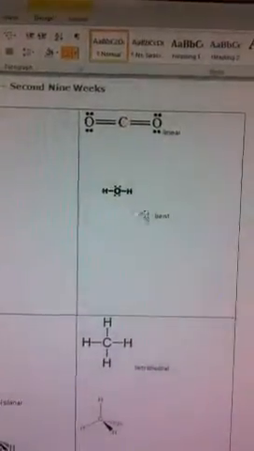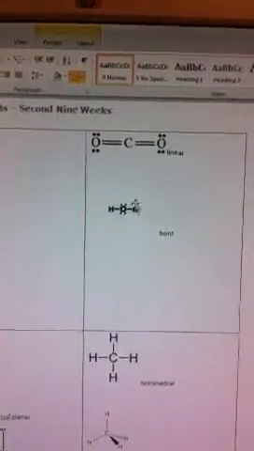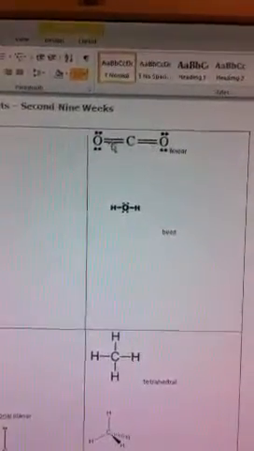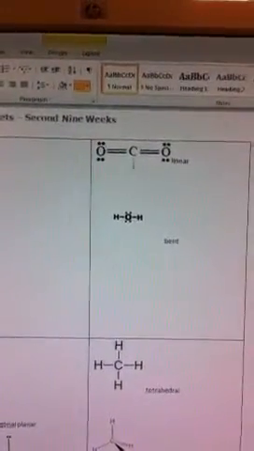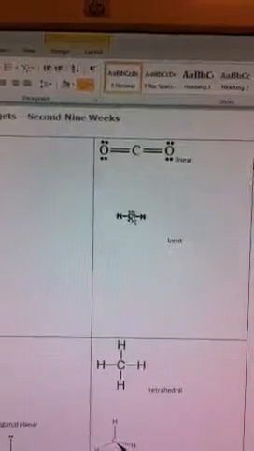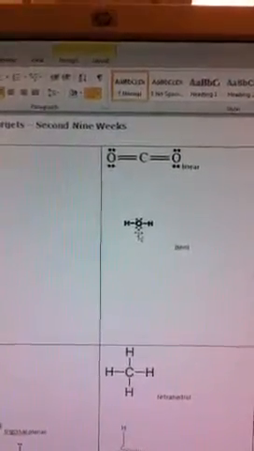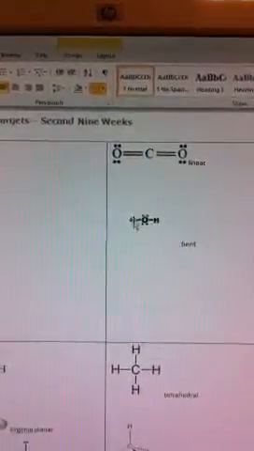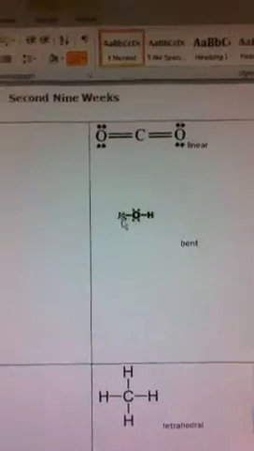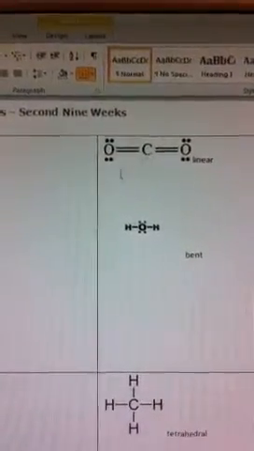Now, when you see a Lewis structure, it's going to look like this. We draw it flat and we draw it straight across. This Lewis structure right here is linear, and this is bent. Well, what's the difference between the two? This has lone electrons on the central atom. 1 pair or 2 pair, it doesn't matter. This one has 2 pairs, but it doesn't matter if you have 1 pair or 2 pair. This is going to be bent. This doesn't have any electrons on the central atom, so it's going to be linear.